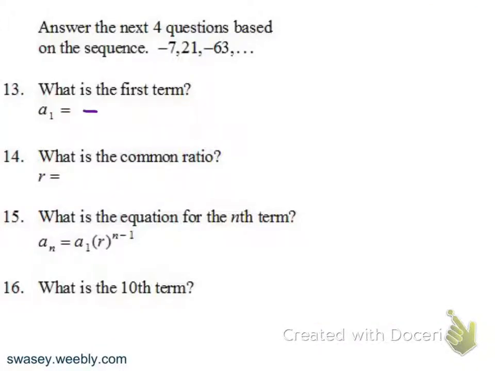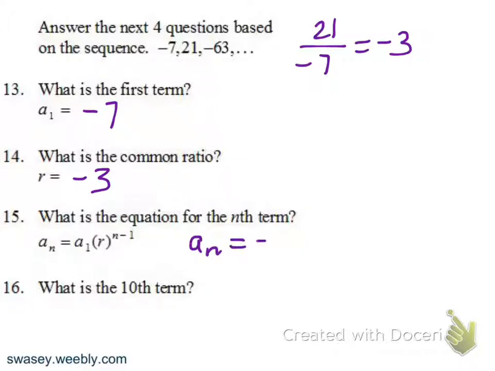Here the first term, negative 7. Common ratio, what are we multiplying by each time? That's negative 3. Equation for the nth term, a sub n equals first term, negative 7 times the common ratio to the n minus 1 power.